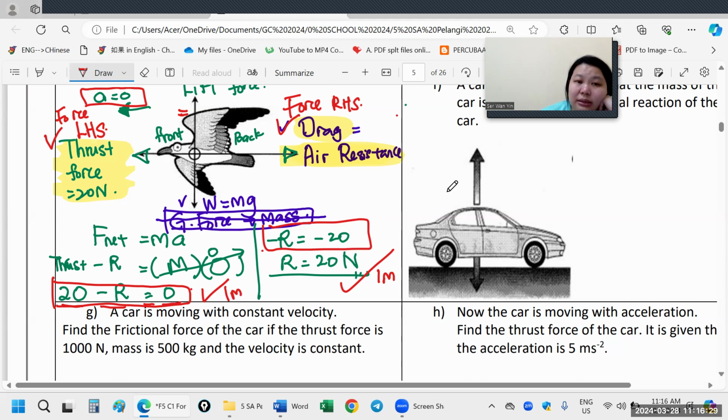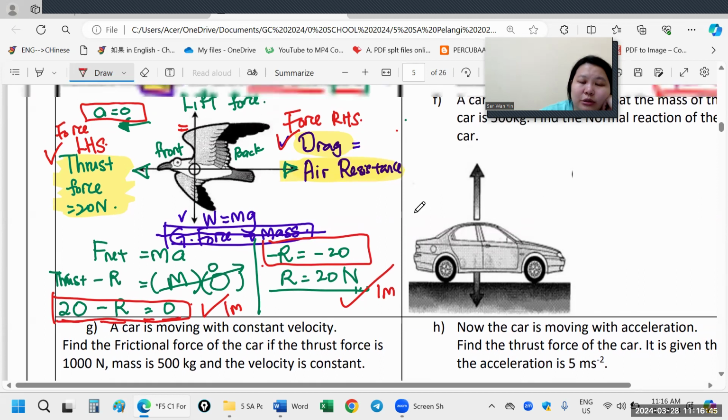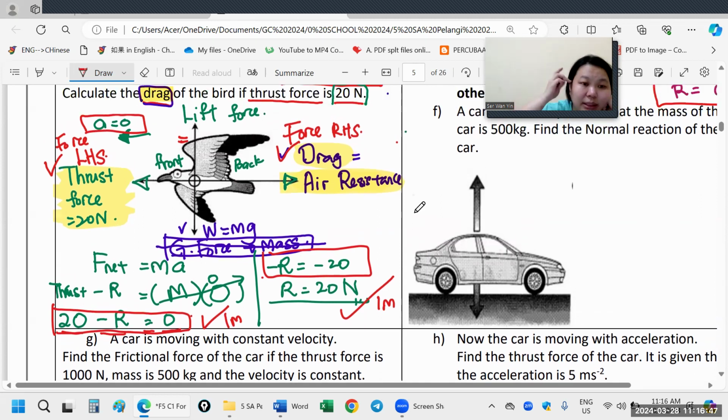But don't look down on 2 marks. 2 marks can make you go from maybe B to B plus, A minus to A. So the trouble thing is, can you recognize what forces they are? Do you minus them?